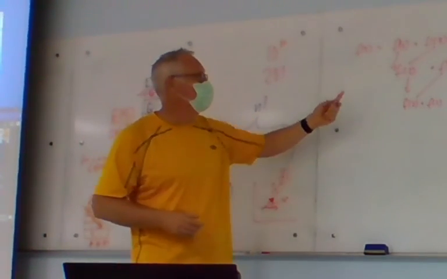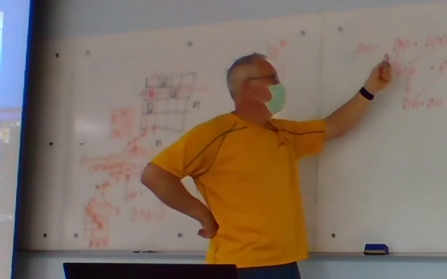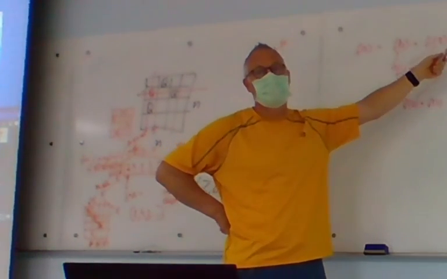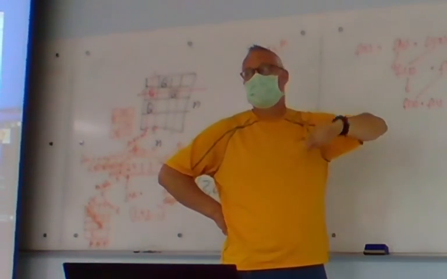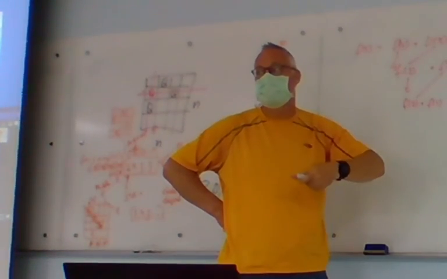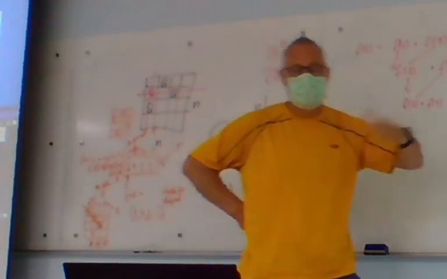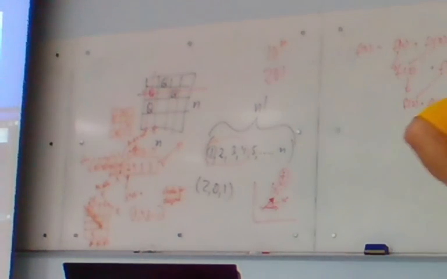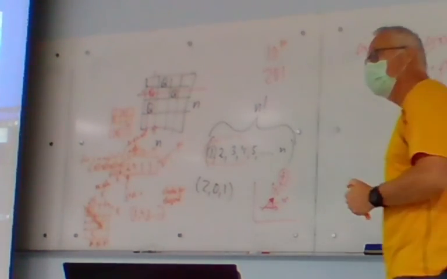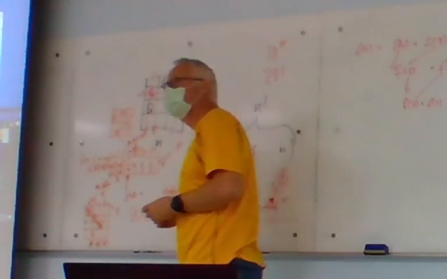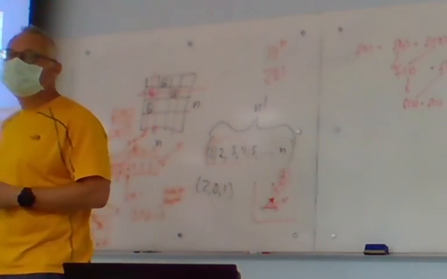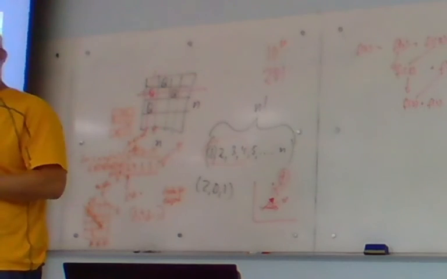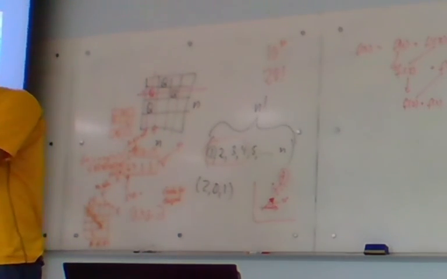So for the Fibonacci number, f of 5, I need to know f of 4 and f of 3. That just comes out of the recursive definition. But you can apply dynamic programming to other problems that are not given in a recursive definition. But anytime you have a recursive definition, by definition you have subparts.